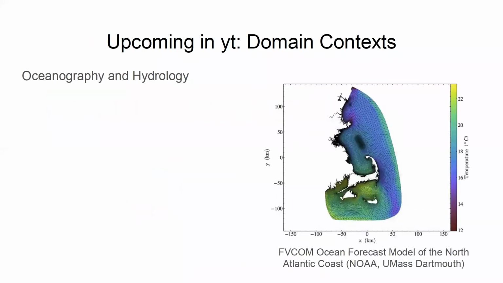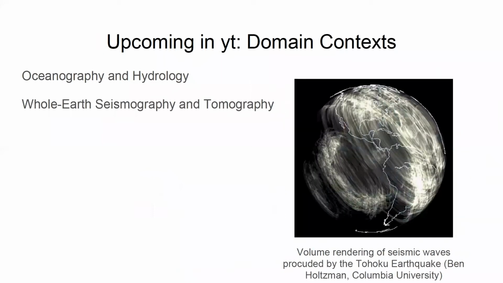We are also trying to broaden YT into different domains. We're targeting many different domains. The first one is oceanography and hydrology. This is a plot read in with YT of the predicted surface temperature of water off of the Massachusetts coast. You can see Massachusetts outlined there. Also whole earth seismography and tomography.